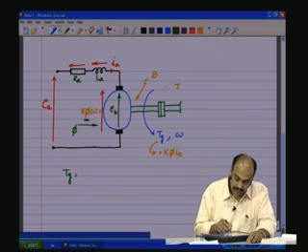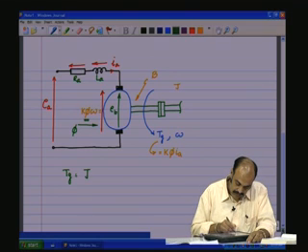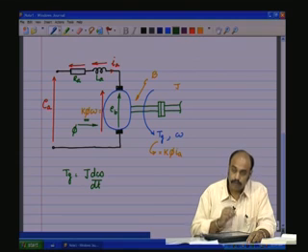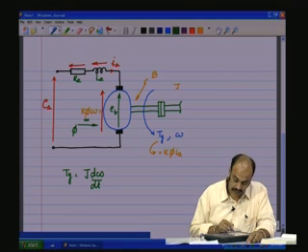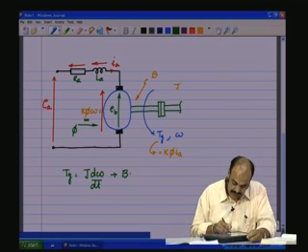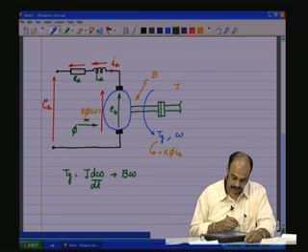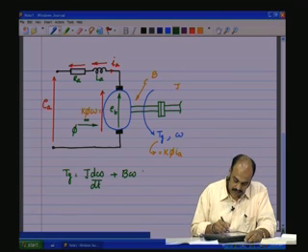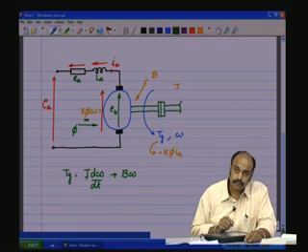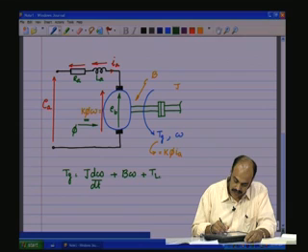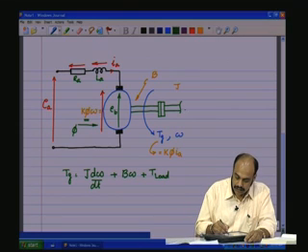This is going to supply the inertial component J d omega by dt, which is similar to L di by dt, plus the equivalent of the IRA resistive drop, which is B omega in the mechanical domain, plus any other load torque which may be applied to the mechanical shaft.